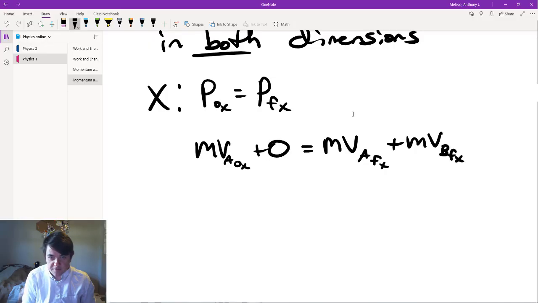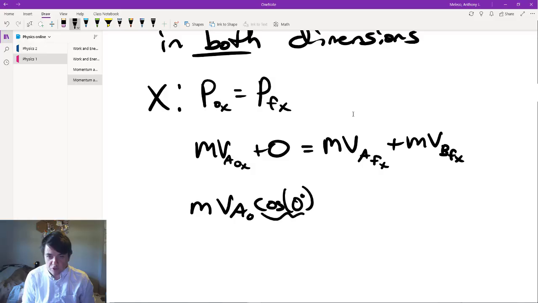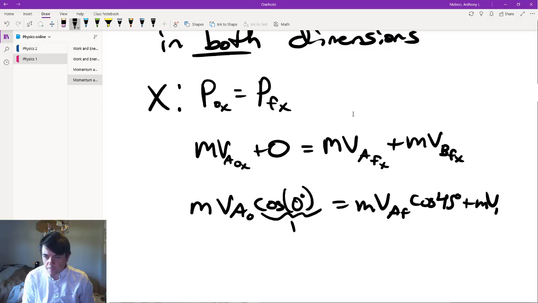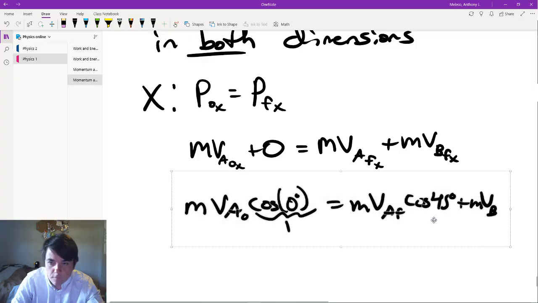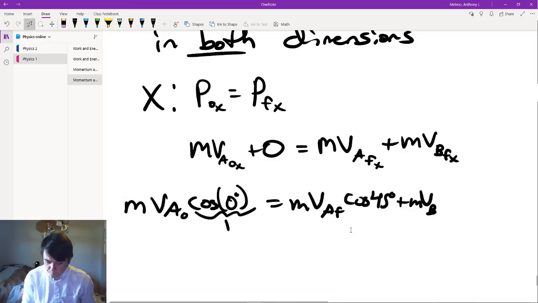And so if we want to write this out, it would be MVAO, because it's fully in the x. So we don't have to do anything with that. That would just be cosine of 0 degrees, which is just 1. These guys would be the VA final times cosine of 45 degrees, except this would be minus 45 degrees.